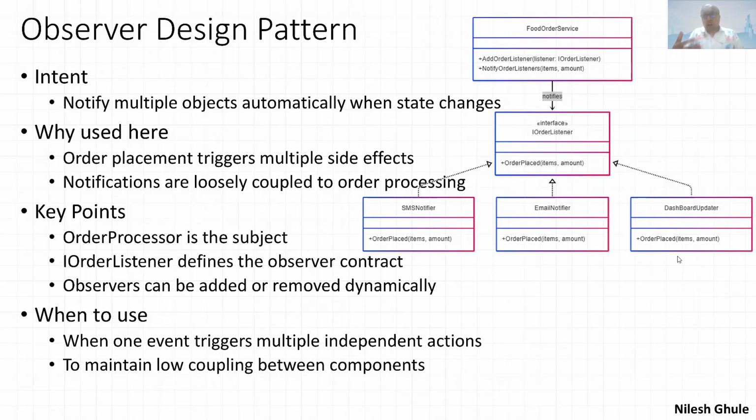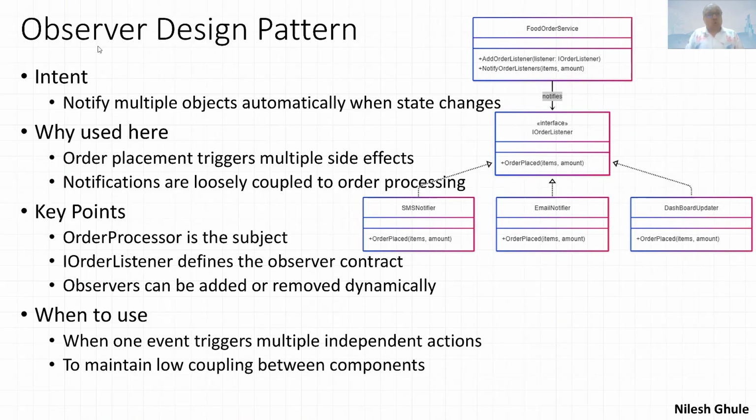You can also add the additional method like email notifier, or for that sake, you can also go for the inventory updater. And then this listener was then connected with food order service, and we maintained the whole list. Now, whenever the order is placed successfully, the moment order is placed successfully, we are notifying all registered listener over here.